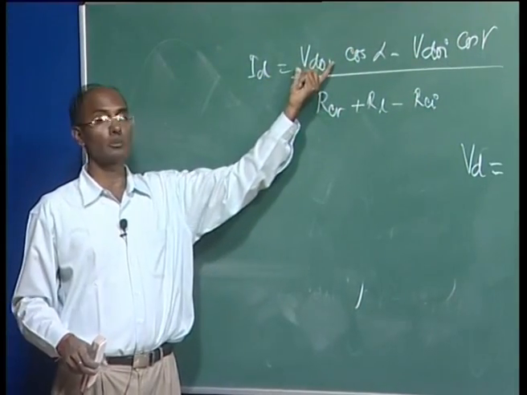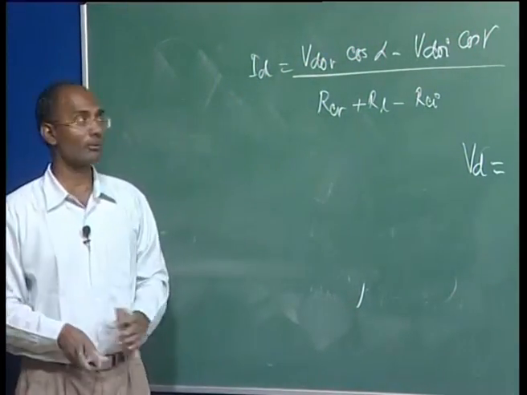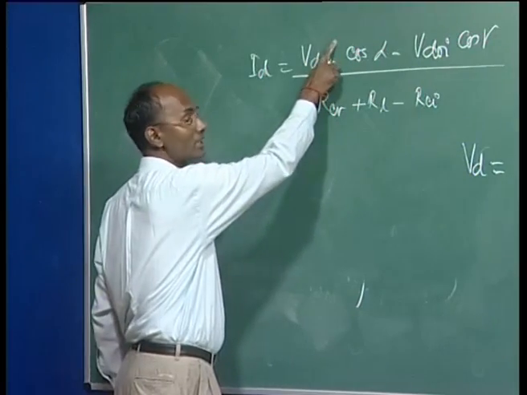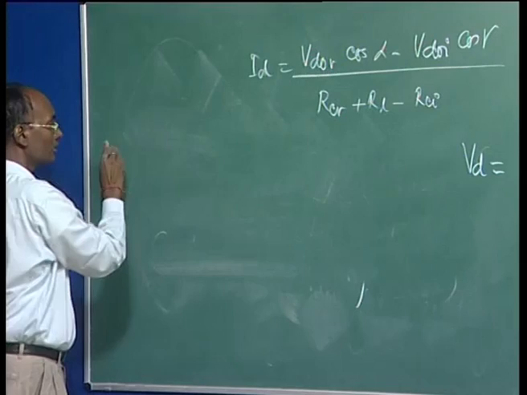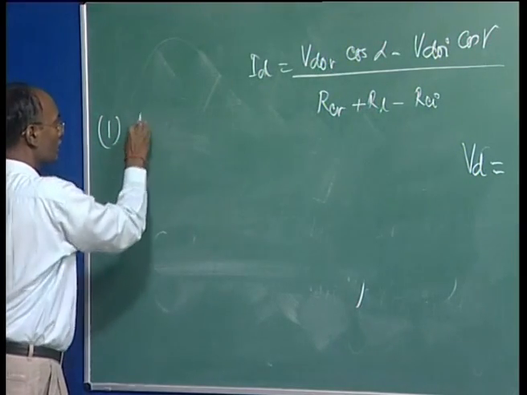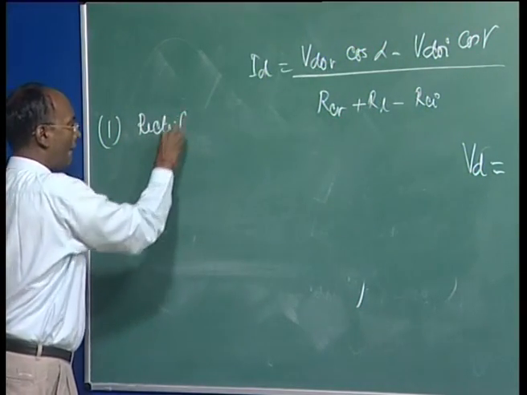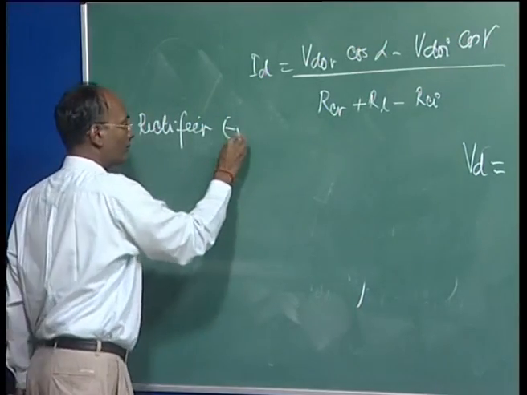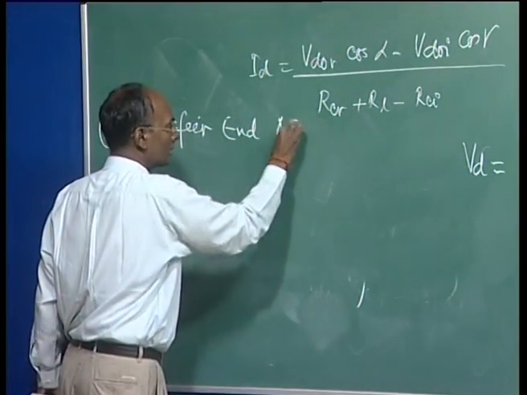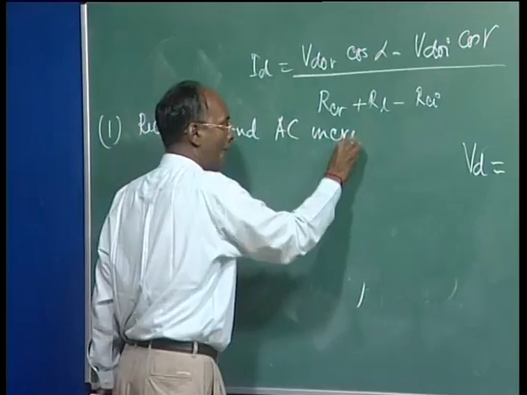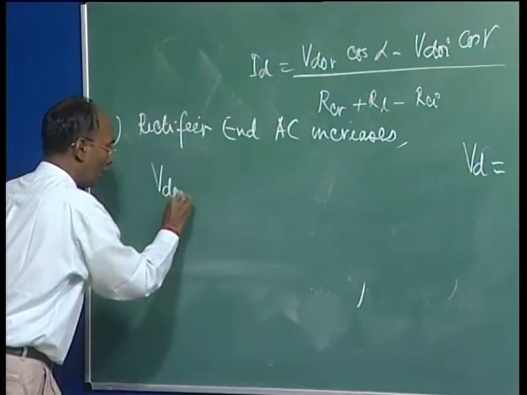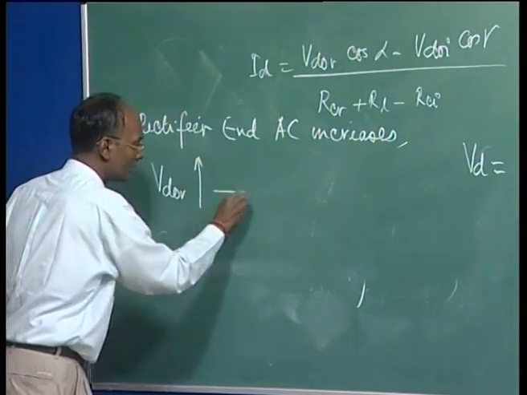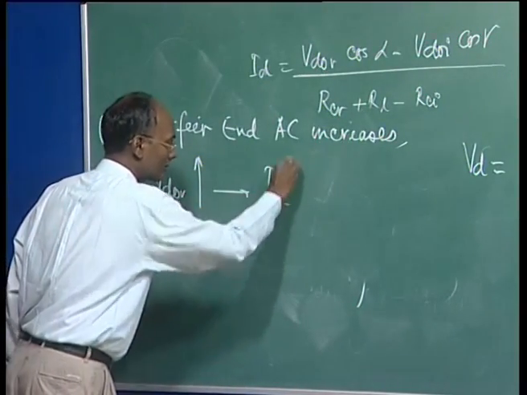Suppose the voltage is increased, what will happen? If this voltage is increased, this current will also increase. Then your VDO R will increase and this will cause your ID to increase.